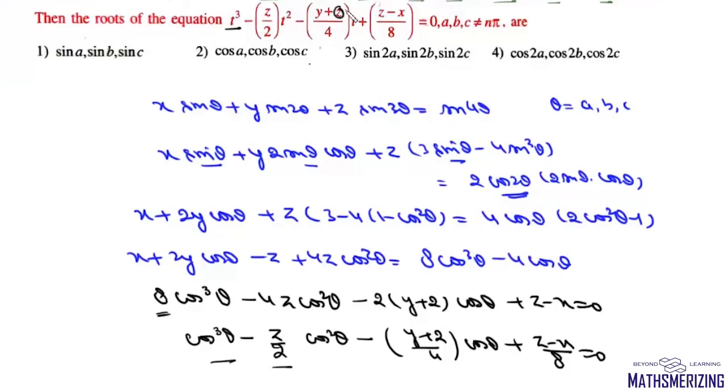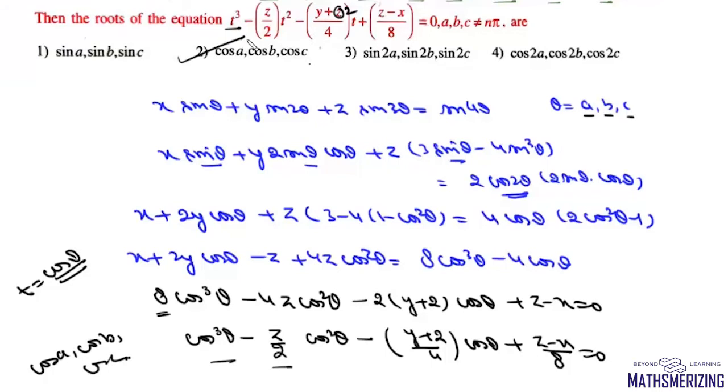Here it should be 2, not z, and then (z minus x) by 8. Here the value of t is cos theta. Now this equation has three roots, a, b and c. So the three roots of this equation will be cos a, cos b and cos c. So the answer to this question is cos a, cos b, cos c, and that's your option number 2.